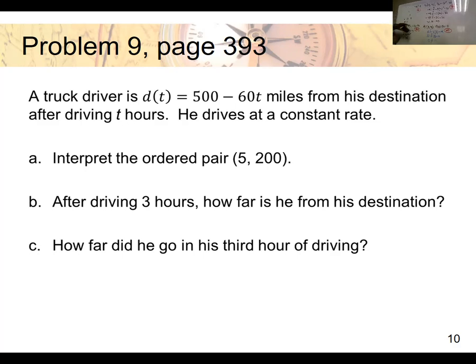So I'll write that on the board. So after driving 5 hours, the truck driver is 200 miles from his destination.